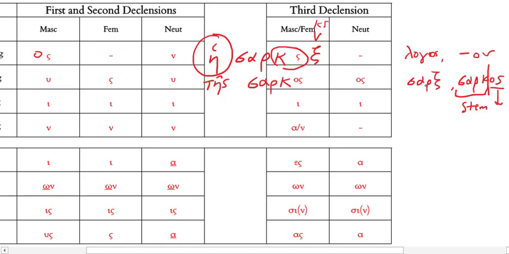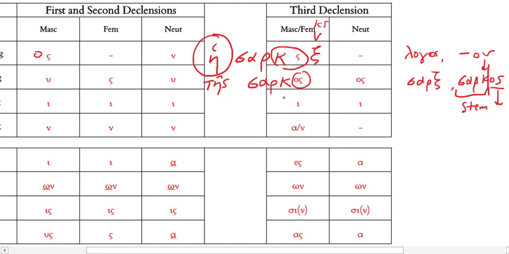It'll be obscured by that sigma that's interacting with the consonant. Look at the genitive singular, drop the genitive singular case ending, which is always os, and what you're left with is the true noun stem. And it'll always end with a consonant. It should, because third declension nouns have stems that end with consonants. Okay?